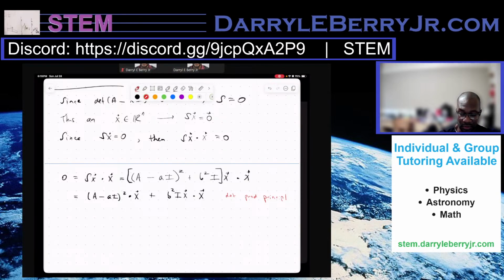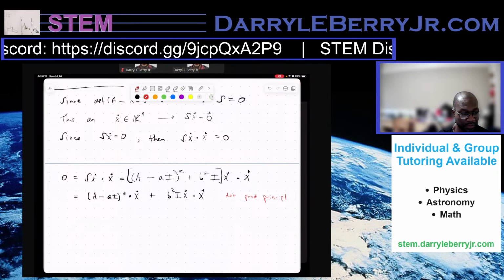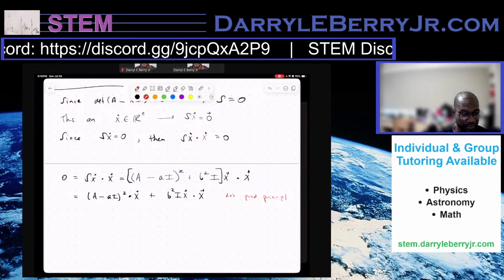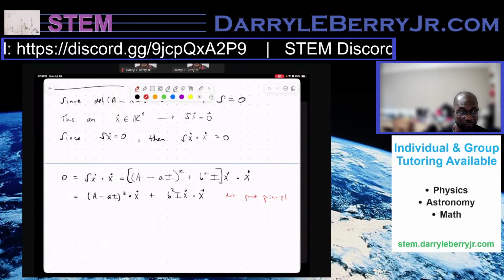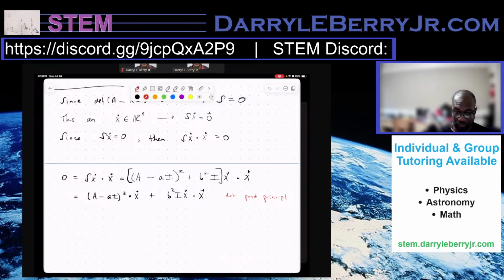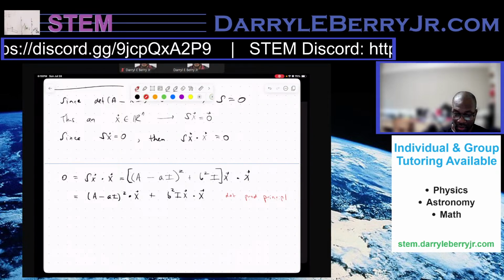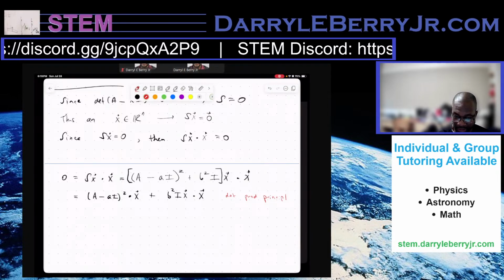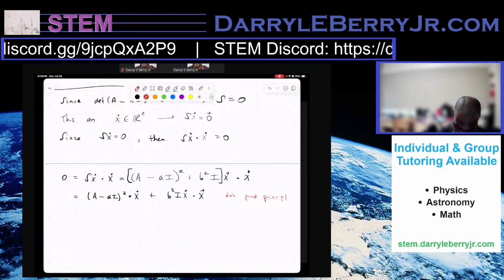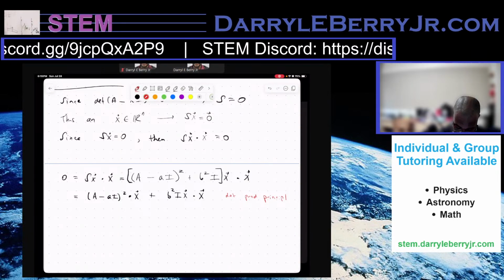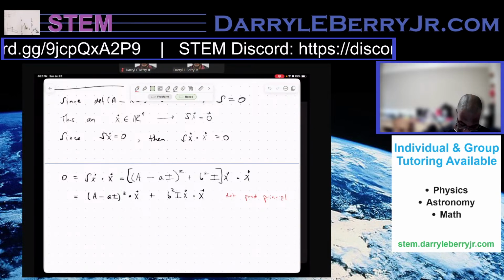Well, maybe we should look back into the dot product rules. So this was the rule here that they used in that line. Let's see. So the rule is this.